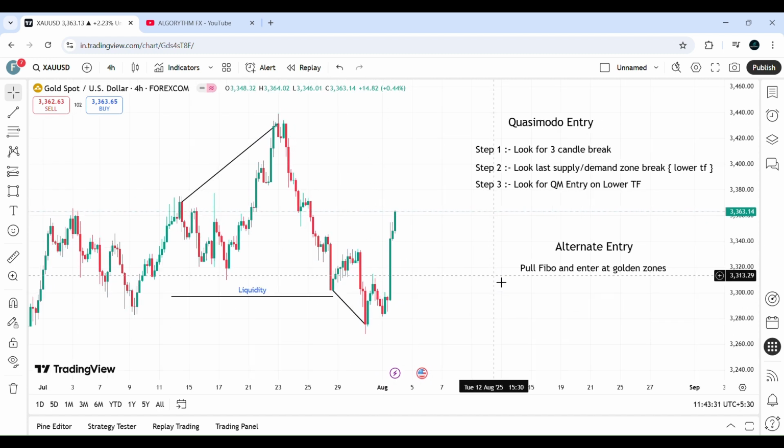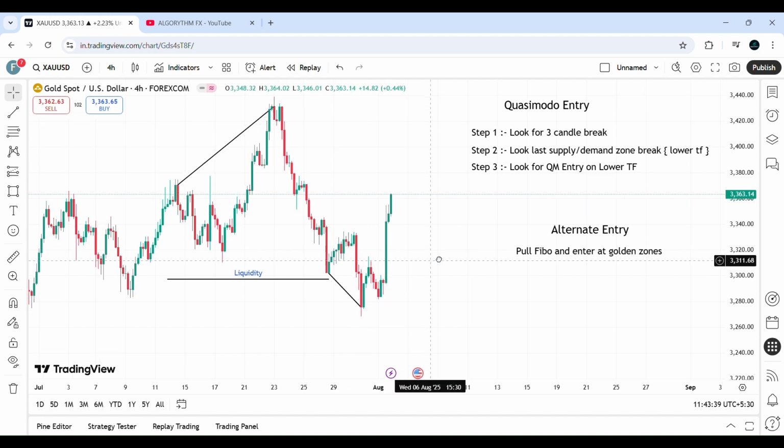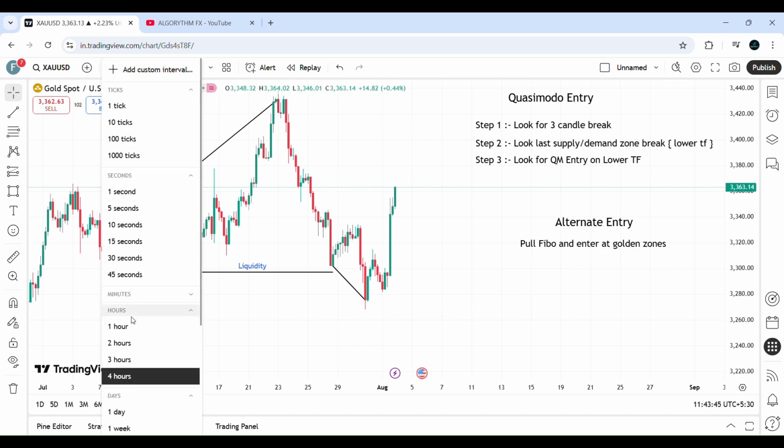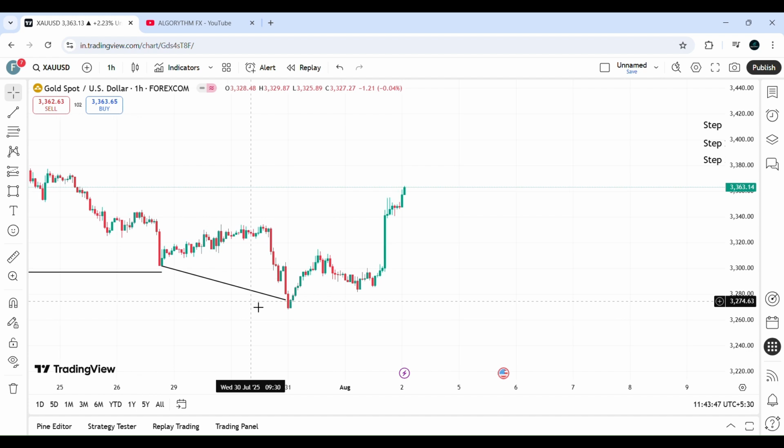So what we want to look for next is the three candle breakout. We saw step two, that is the three candle breakout. After we get the three candle breakout, we go to a lower time frame, that is H1, and look for a change in market direction.